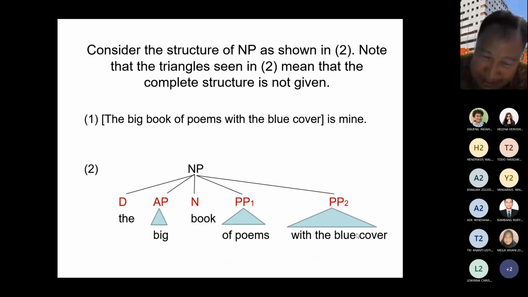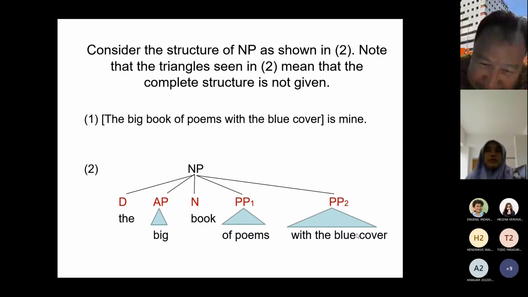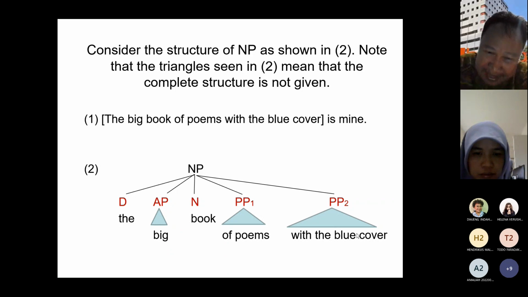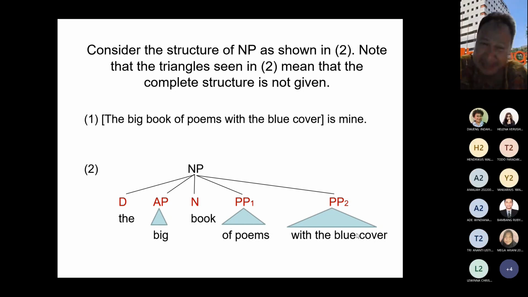You remember when we draw a structure, what seems to be very important, for example, for an NP? If you look at the structure of NP, what seems to be the most important constituent in an NP? Is it N? Yes, you must have at least an N, right?